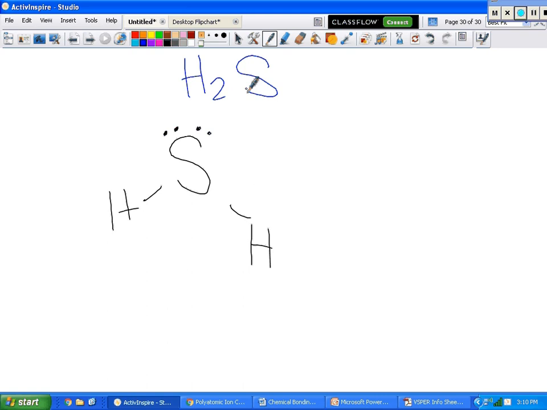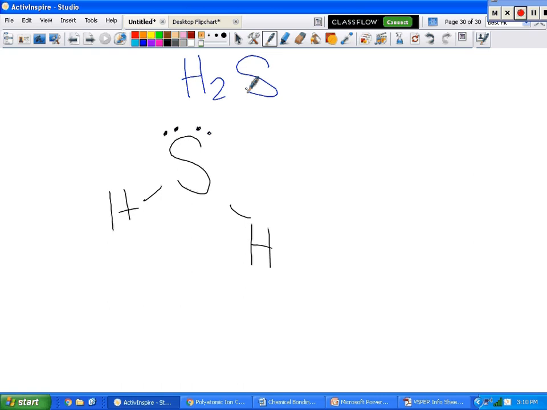I need to take another one out. So when I take another one out, now, what can I do on the board that I can't do with this thing in my hand? I can't represent the electron pairs. Okay? But when you look at this, is that very similar? Yes. Okay? But here's what's happening. This thing is going to represent a bent molecule.